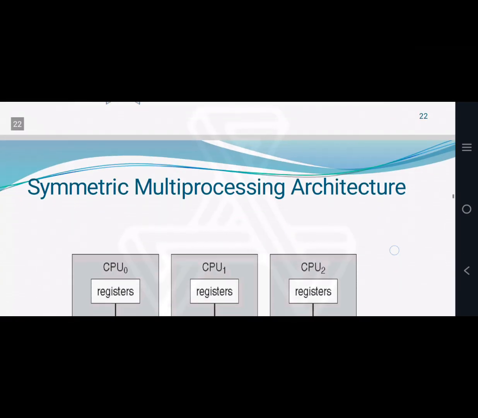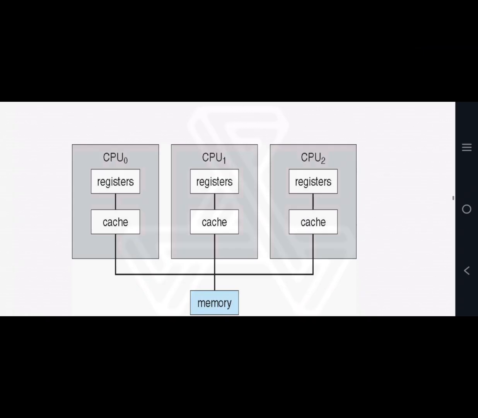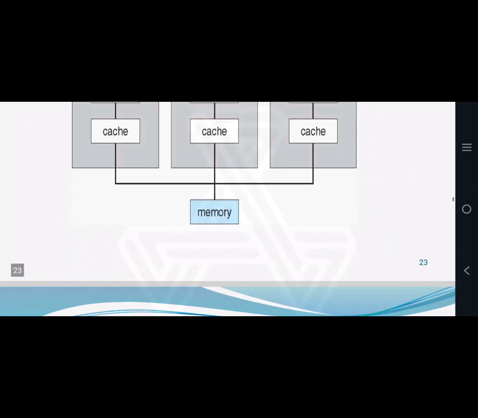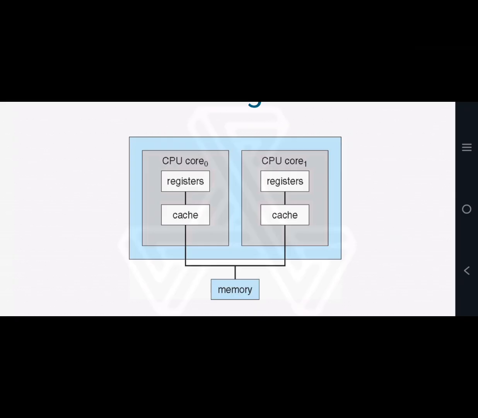Symmetric multiprocessing architecture has CPU 0, CPU 1, CPU 2, each with registers and cache, connected to the memory. A dual-core design has CPU core 0 and CPU core 1, with registers, cache, and memory.